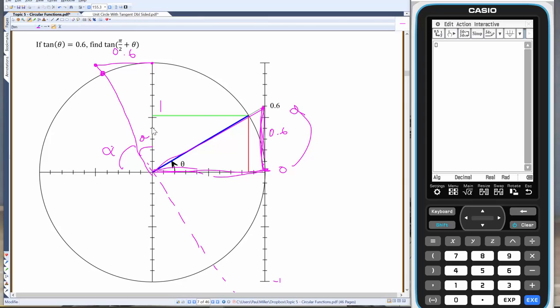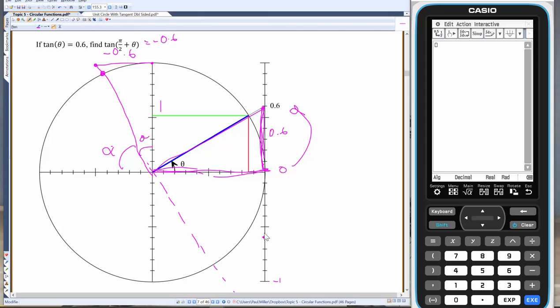Now, what most students do on this question is they go opposite over adjacent on this, and note that this 0.6 is negative, because that x value there is negative over there, and try to tell me that the tan of this is equal to negative 0.6, to which I would sort of go, so that's what you're saying it goes through.